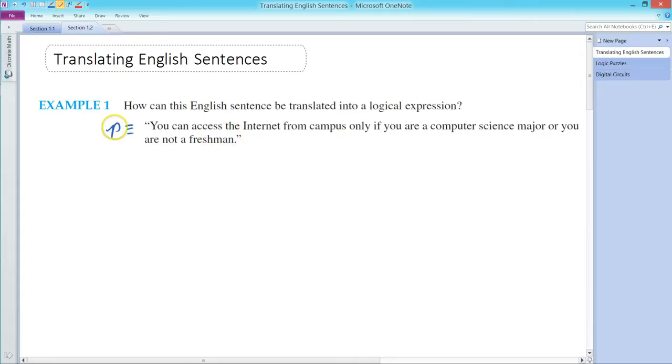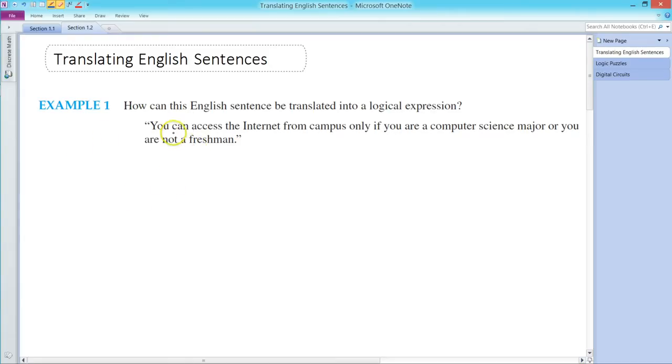So we're not going to represent this as P, but we're going to do it in a different manner. As I said, there are many ways to translate the sentence into the logical expression. But what we're going to do is look at the smaller components of this, and then construct the logical expression.